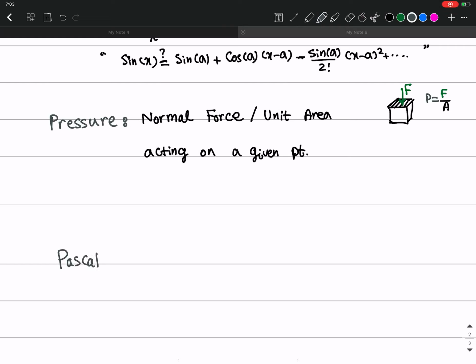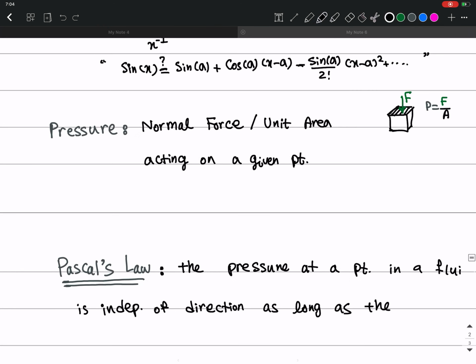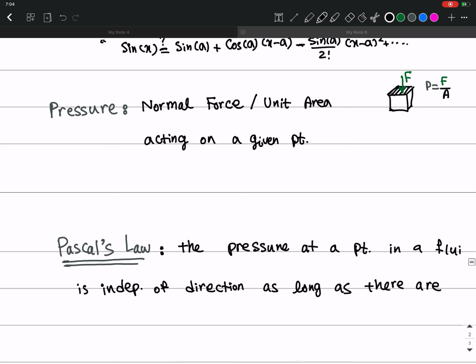So Pascal's Law states that the pressure at a point in a fluid is independent of direction as long as there are no shearing stresses.